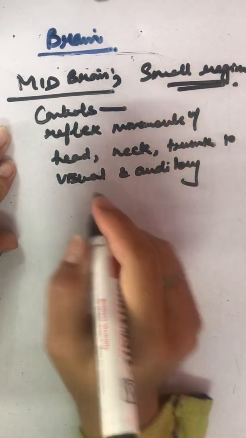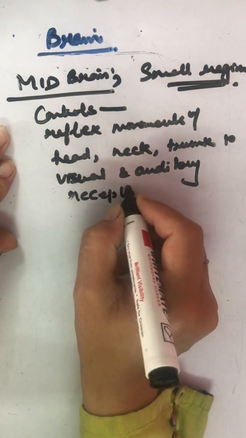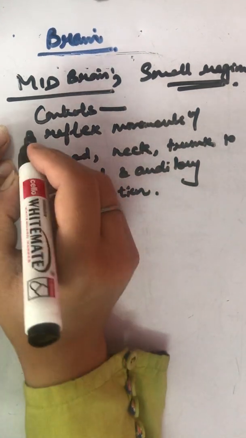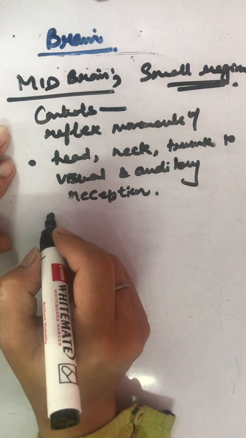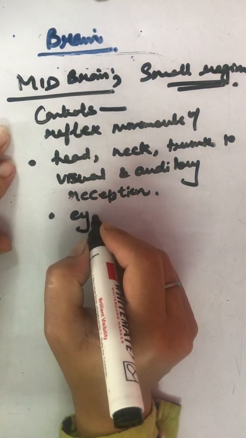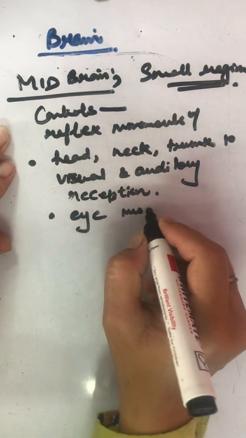Reception means whatever is to be received. Second, it controls the reflexes of eye muscles.